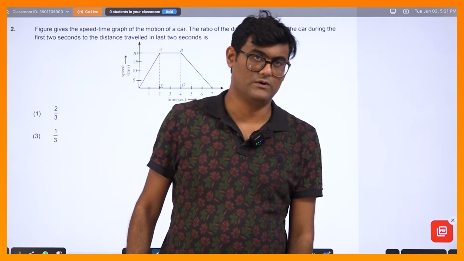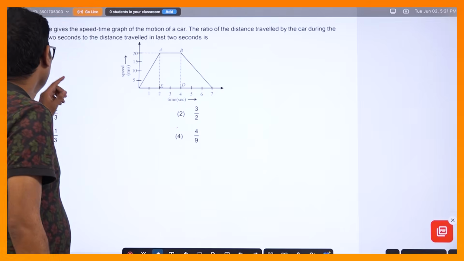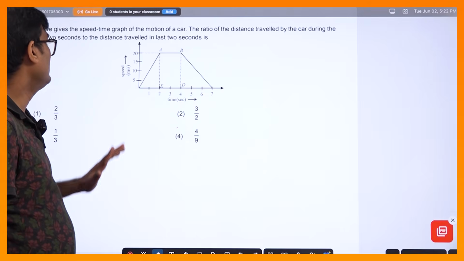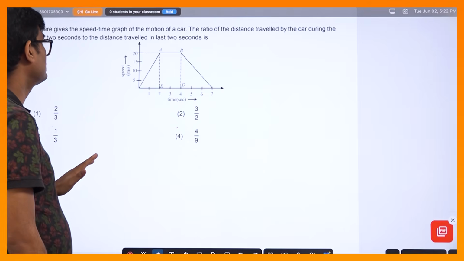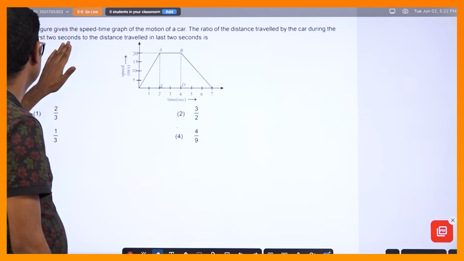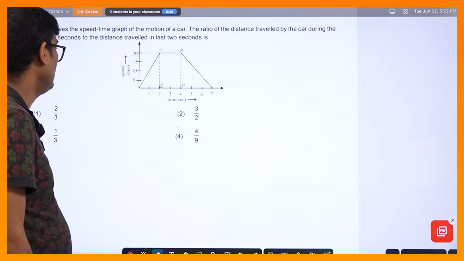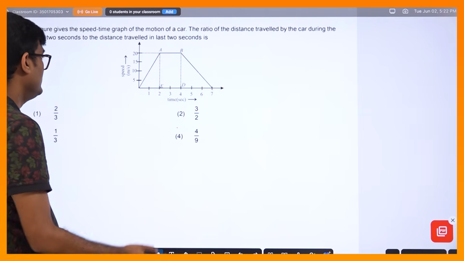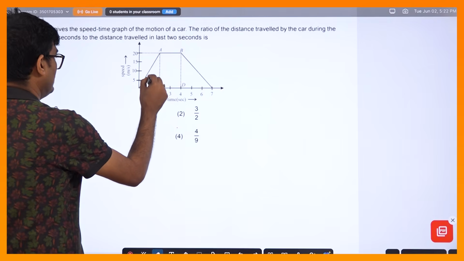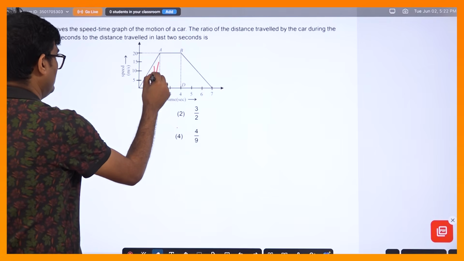Let's move to the next one. The figure gives the speed-time graph. We need the ratio of the distance traveled during the first 2 seconds to the distance in the last 2 seconds. In the first 2 seconds, the distance is the area under this graph, right?